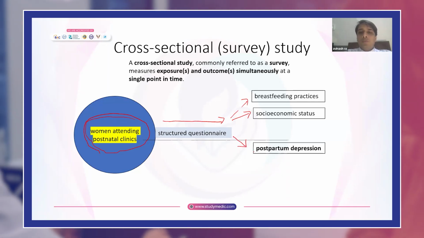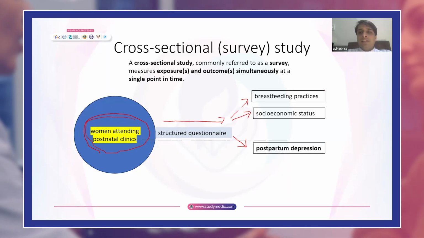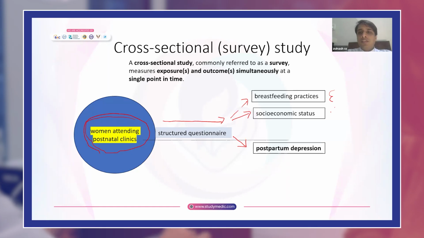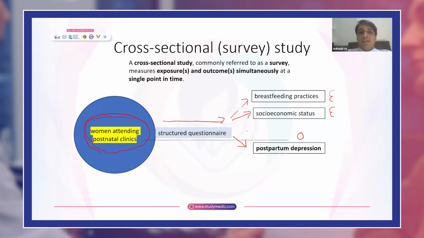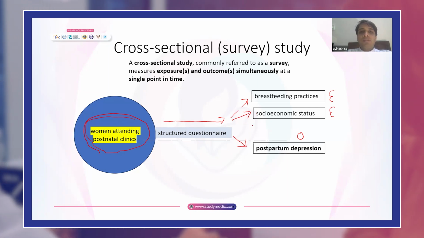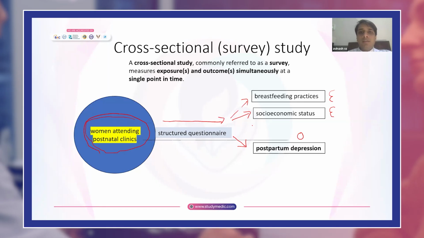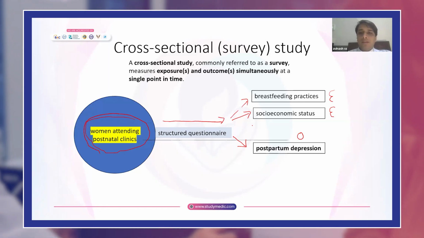Postpartum depression is the outcome, and these are the exposures we are collecting details on. The details are collected by questionnaires at a single point in time. So this type of study design is called a cross-sectional survey, or simply a survey. In the large population, it is called a census.